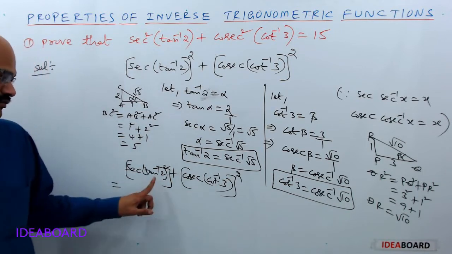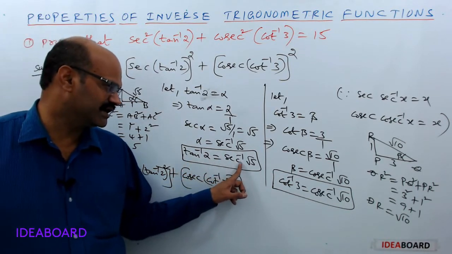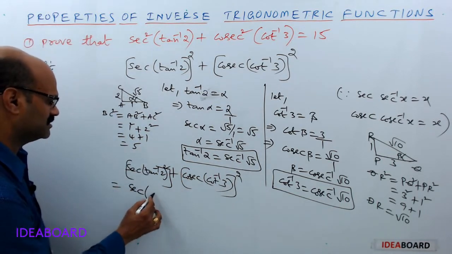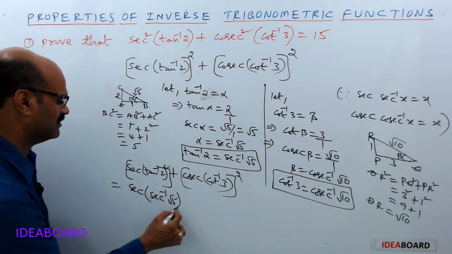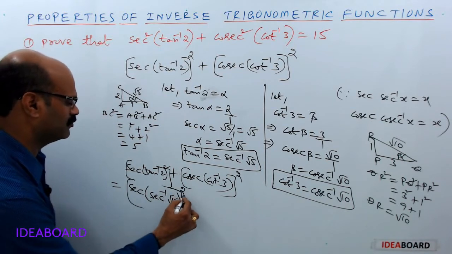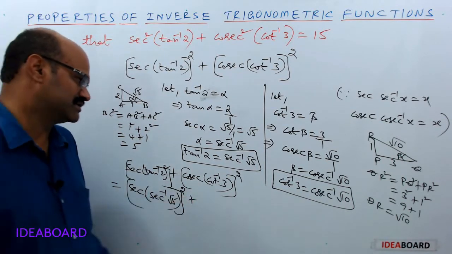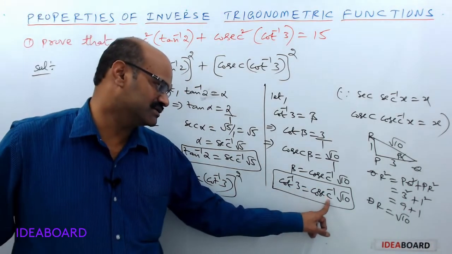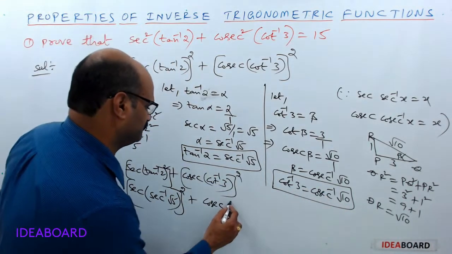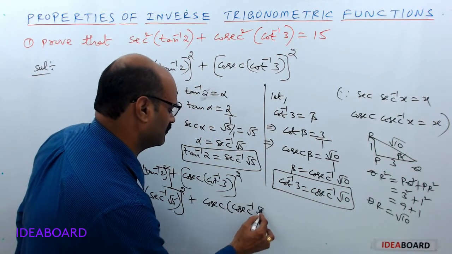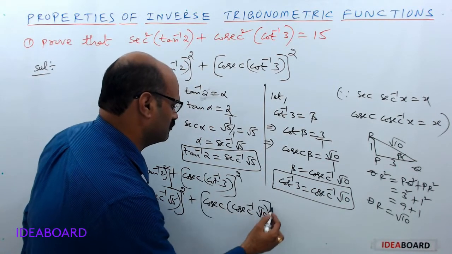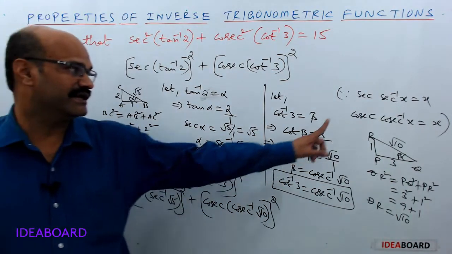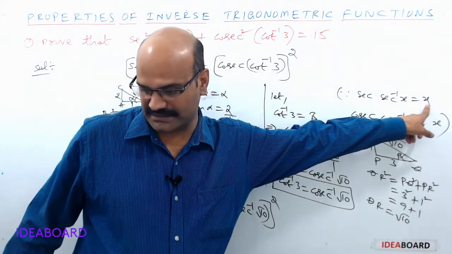equal to, now tan inverse of 2 equal to secant inverse of root 5. Therefore secant of secant inverse of root 5 whole power 2 plus cosecant of cosecant inverse of root 10 whole power 2 equal to, we know that secant of secant inverse x equal to x.